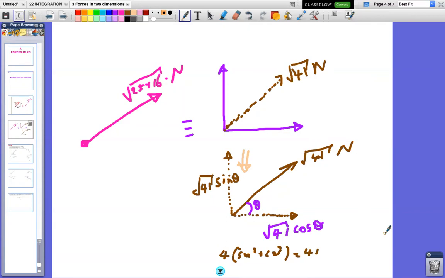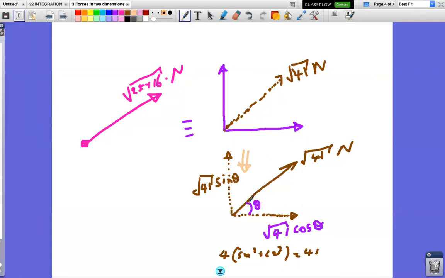So if you have a single force and you break it into horizontal and vertical forces, we call this the horizontal component of that force.